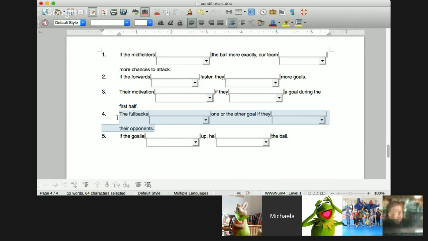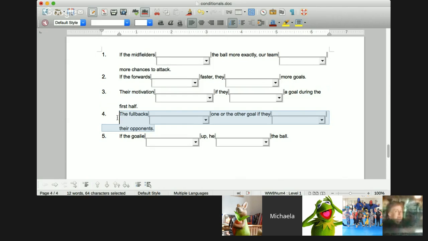The past perfect means you need the verb to have in the simple past plus the participle. So it's going to be had plus the participle of whatever verb.